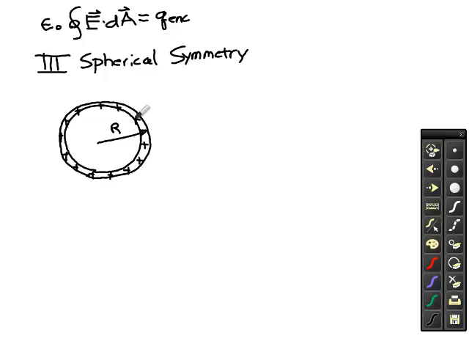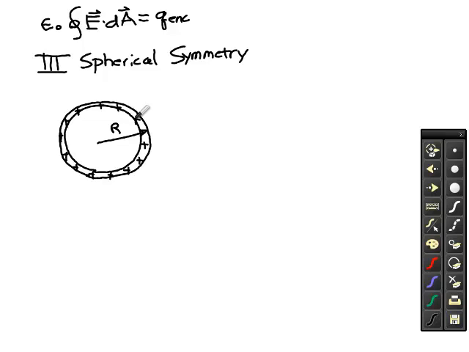Okay? Now, we have the advantage of already knowing the answer. We know how to find the electric field around and inside this thing. So inside a thin shell of charge, what should the answer be if we try to find the size of the E field? Zero. Inside the shell, anywhere, should be zero.